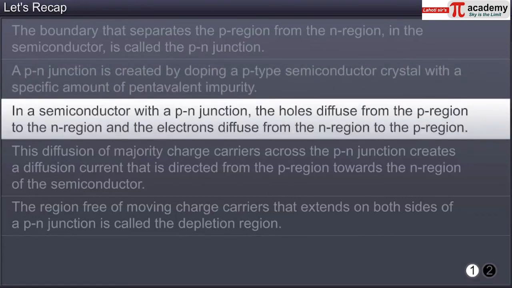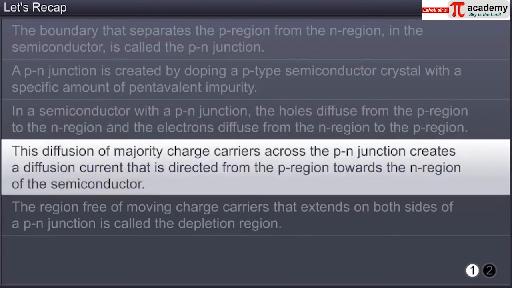In a semiconductor with a p-n junction, the holes diffuse from the P region to the N region and the electrons diffuse from the N region to the P region. This diffusion of majority charge carriers across the p-n junction creates a diffusion current that is directed from the P region towards the N region of the semiconductor.